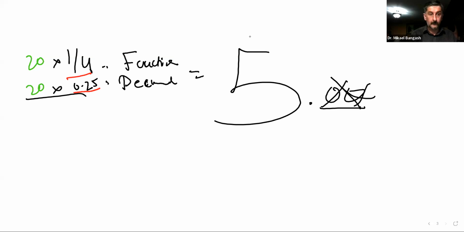Just like 1/2 is the same as 0.50, or roughly speaking, 1/3 is the same as 0.33333 or so. You can say 1/8 is the same as 0.125.